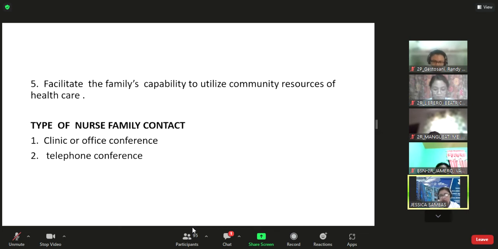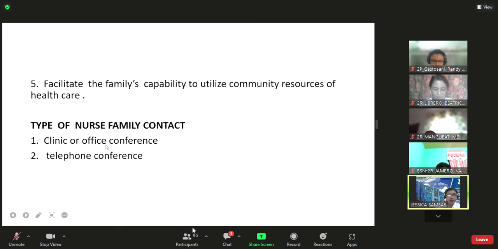So, yun po yung ating guide when we are going to formulate our interventions. Again, depende na po kung ano yung health problem, ano yung family nursing problem.